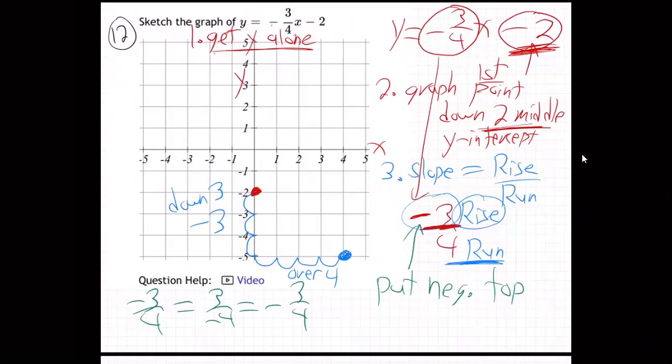So let me see. And then I had a question. Yes. Could you always multiply it by the denominator and then just cross multiply and solve it and then get that second point, or would that be adding too many steps to it?